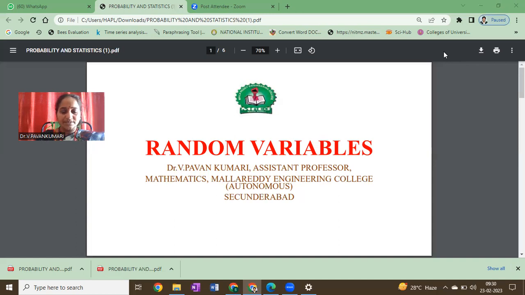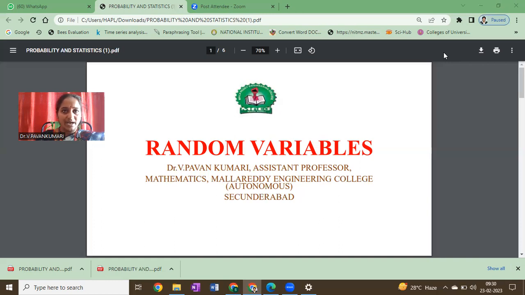The next continuous distribution is the normal distribution. The normal distribution follows the probability density function, which is a continuous function, given by f of x. The probability density function of the normal distribution is f of x equal to e power minus 1 by 2 into x minus mu by sigma whole square.